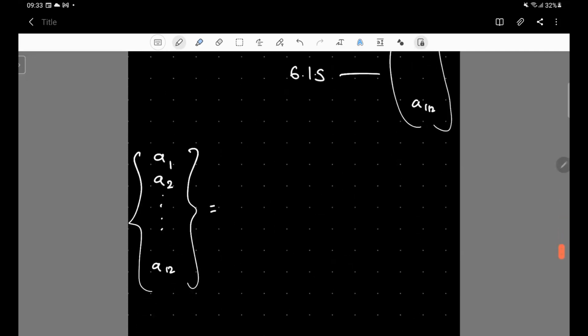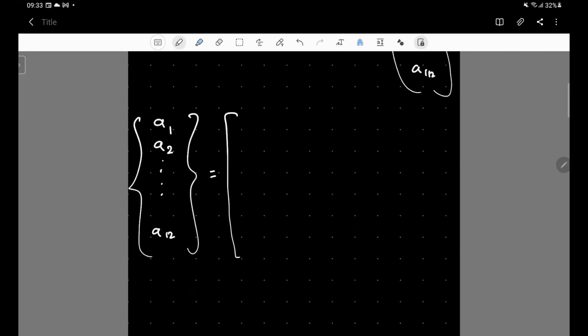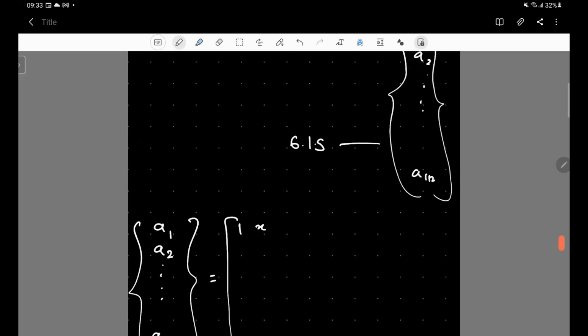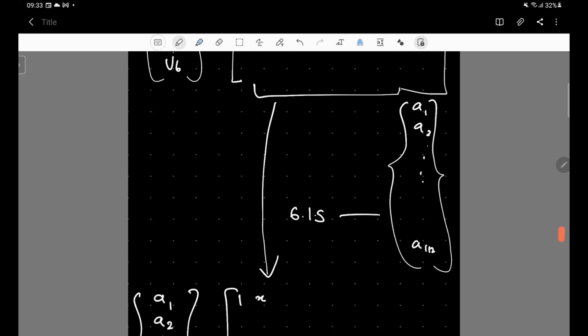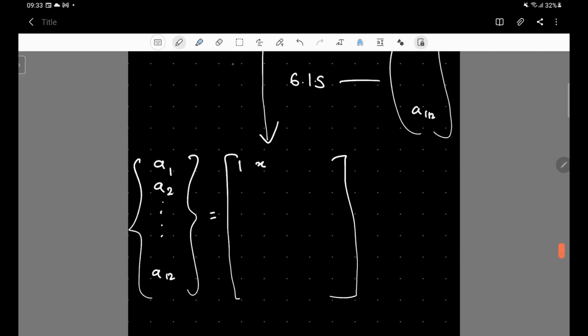So what you would end up getting is the same matrix, of course. I will just write an arrow here to save some time. The same matrix multiplied by the inverse of this matrix, which is multiplied by the displacements u1, u2 up to u6, v1 to v6.